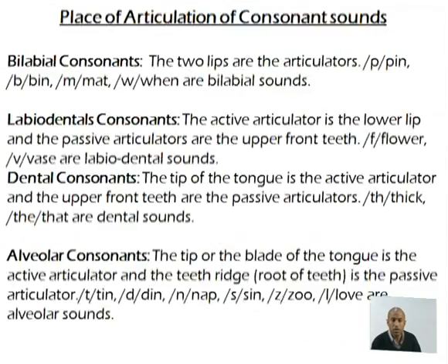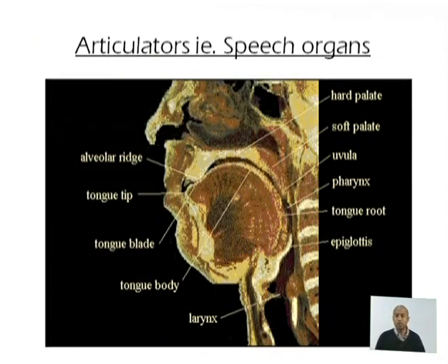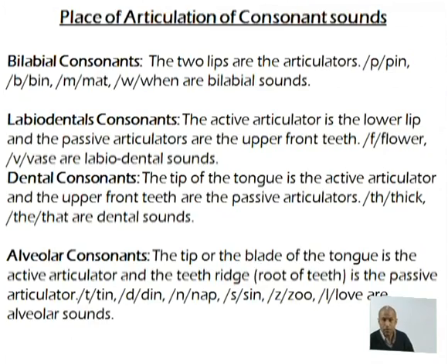Okay, we have done all the articulators and speech organs as well. We've done place of articulation. We said bilabial means two lips, p, b, m, w. Yes, labiodentals, we have f, v. Dentals, we have th and the.